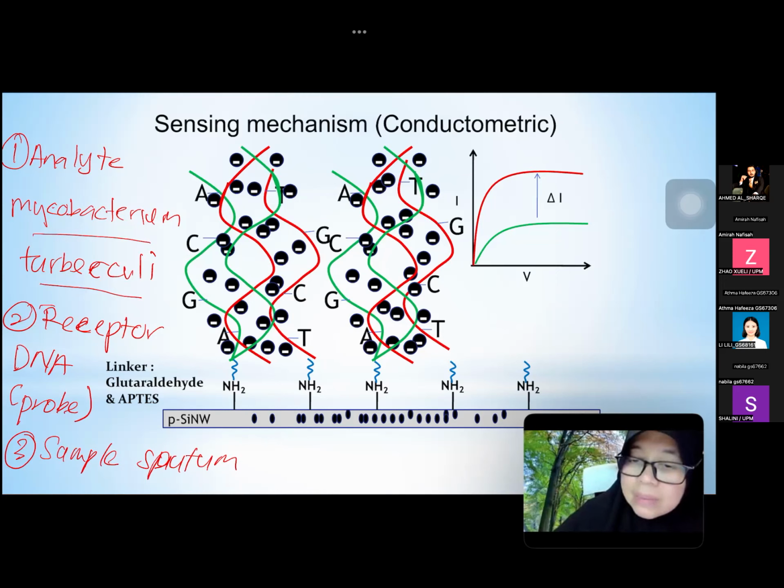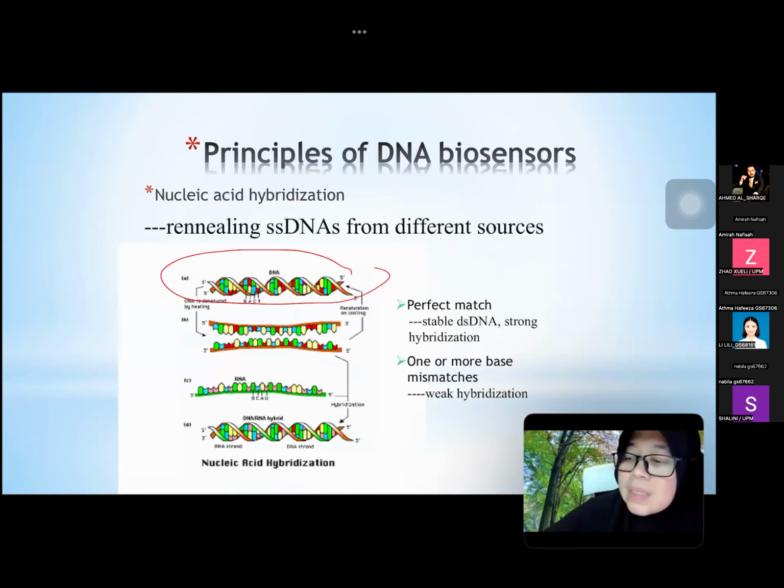We run the analysis using a receptor, DNA, which is specific to Mycobacterium tuberculosis. The issue is whether we get a 100% hybridization match between the DNA from the sputum and the receptor, or we only get 50%, or no match at all. How do we detect that? So that is DNA biosensors.